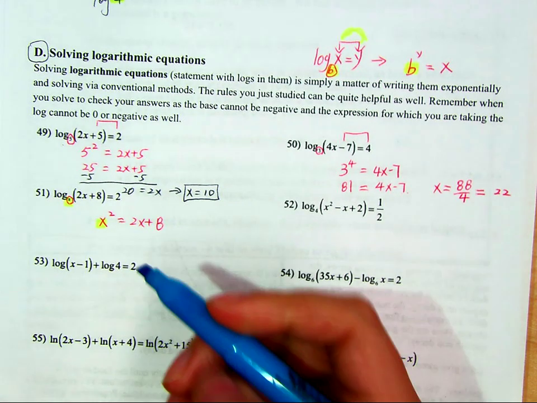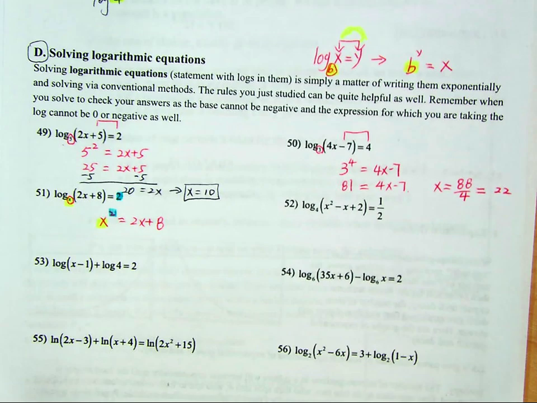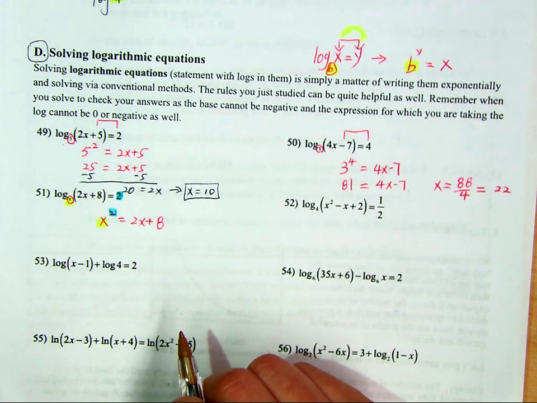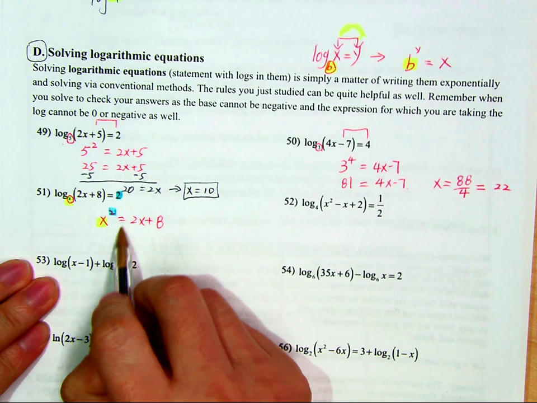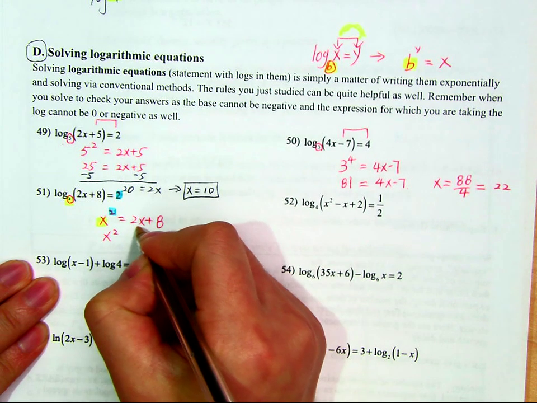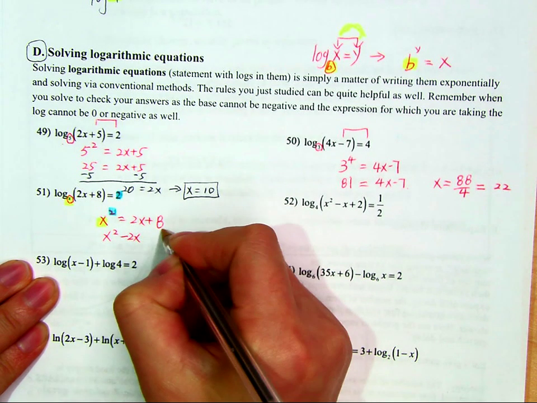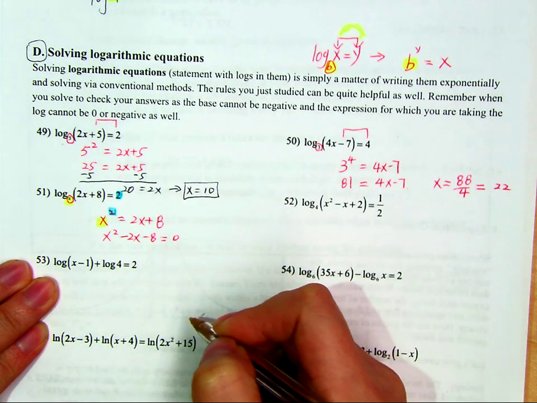And the answer on the other side is always your power. So when we have an x squared, you should recognize that's a quadratic function. So let's move everything to one side of the equation. I move the 2x and move the 8, and then make the other side equal to 0.